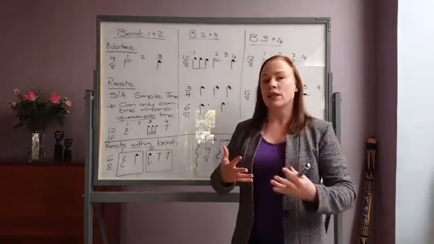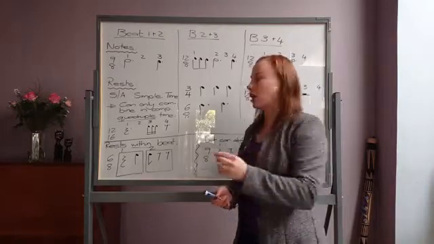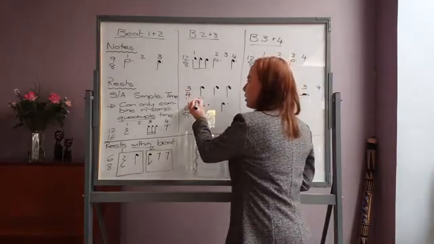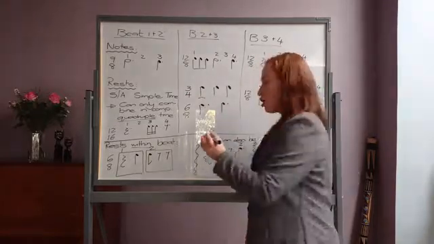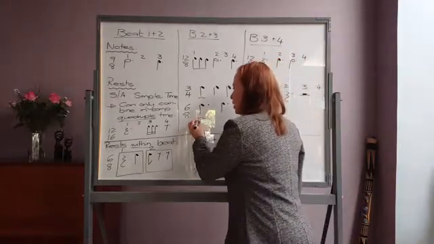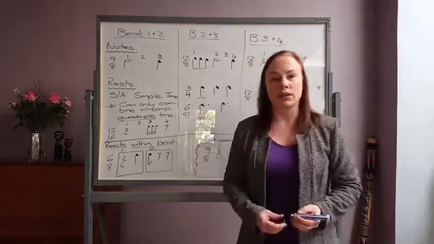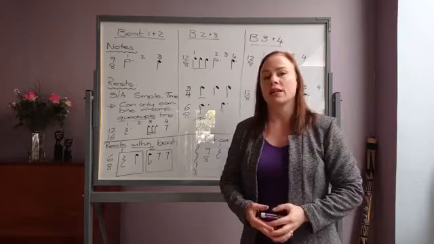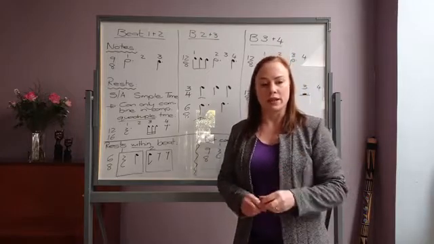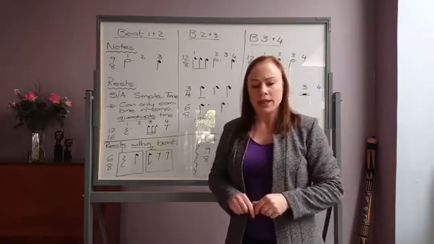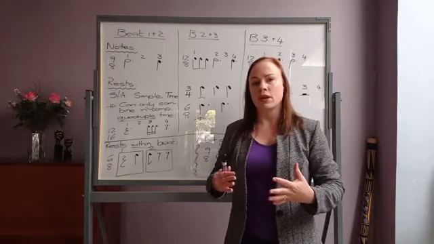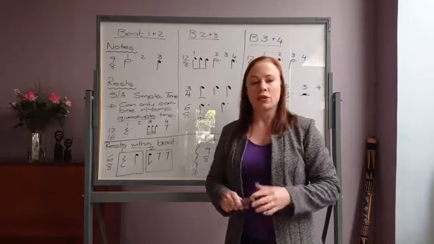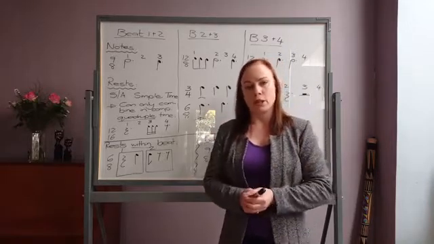So naturally in simple time, when we divide our beat, it's going to split up into 2, whereas in compound time it's going to split into 3. It's very important that you understand that main difference. I'm just going to talk about beat values for a while, so that you can see how we split up a beat.